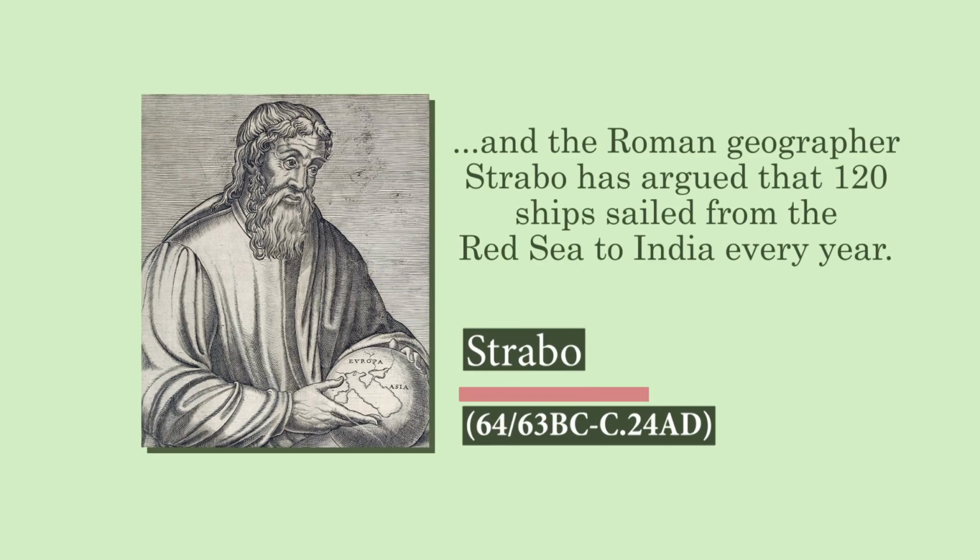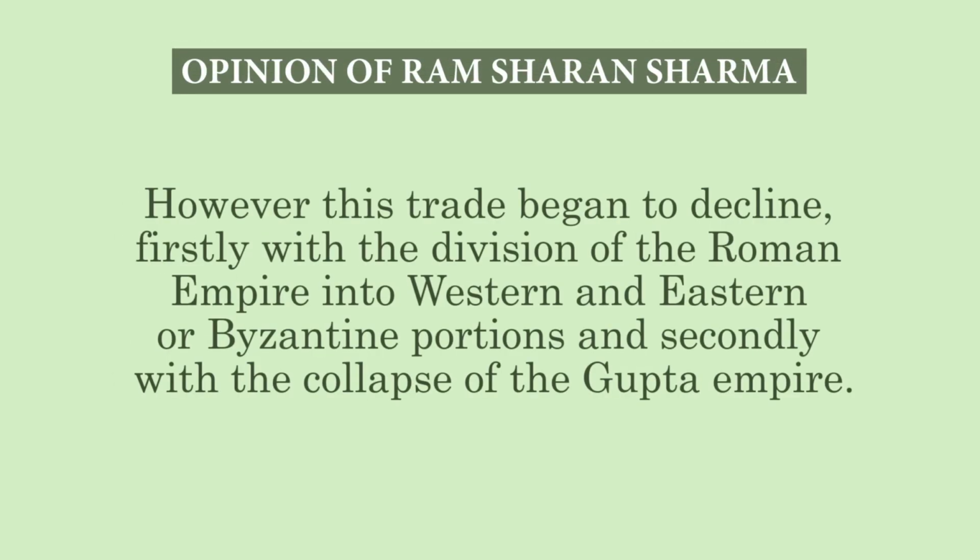And the Roman geographer Strabo has argued that 120 ships sailed from the Red Sea to India every year. However, this trade began to decline.